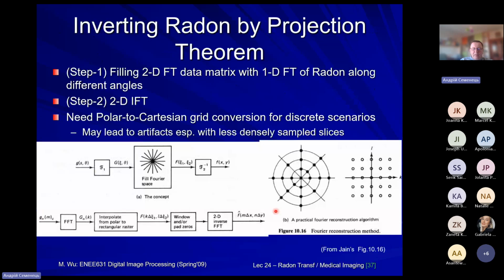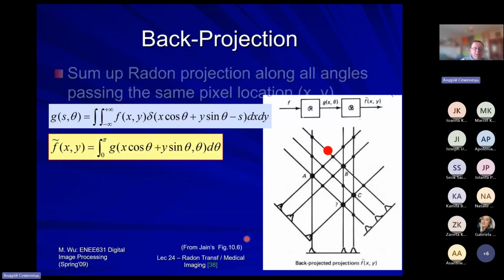Okay. So here are the additional steps. We have a two-step processing, multidimensional mathematics with Fourier transformation along different angles, then we apply the inverse Fourier theorem, and these are the steps necessary to reconstruct the original image.